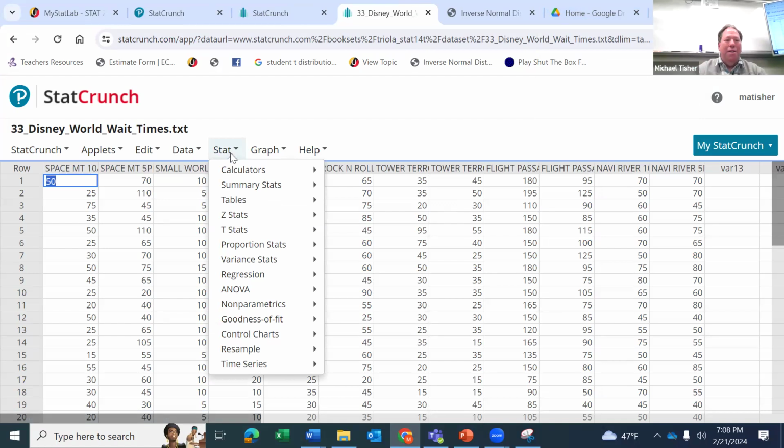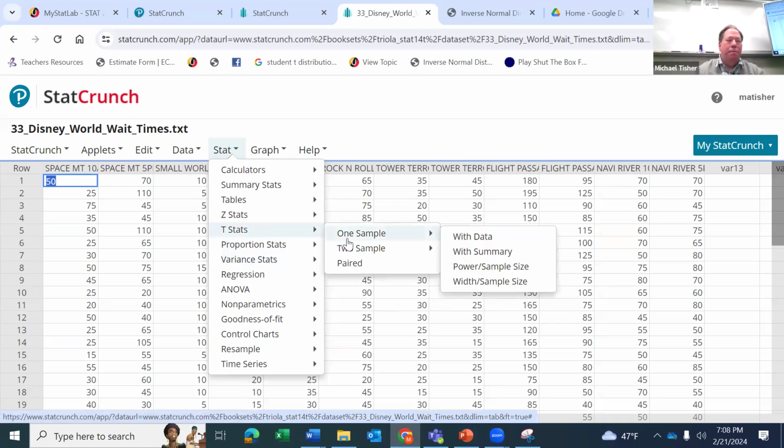All right, okay, so to do a hypothesis test, everything is based on the t-distribution, and so when you see mean, choose Stat and then T Stats, okay? Choose Stat and then T Stats. And then we're doing one sample. And we have the data with us, so we'll choose With Data. Okay, so Stat, T Stats, One Sample, then With Data.